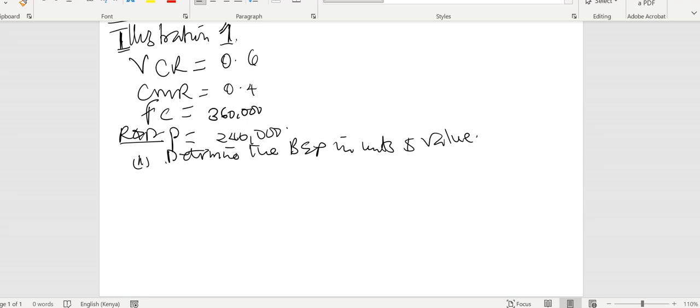But we know that profit is equal to contribution margin minus fixed costs.